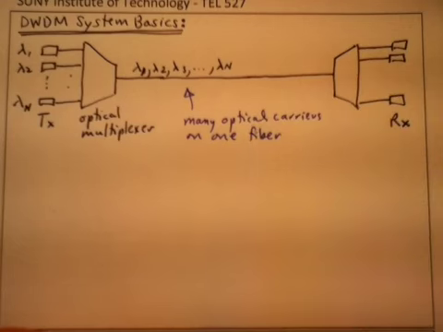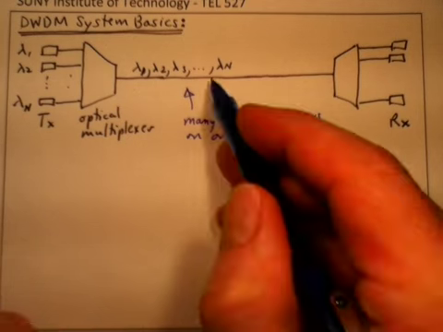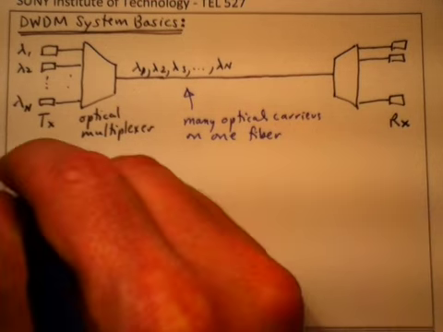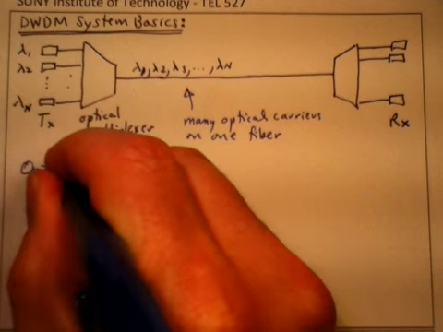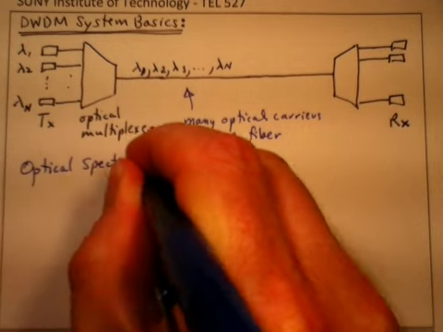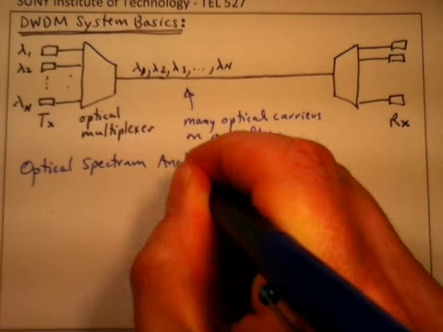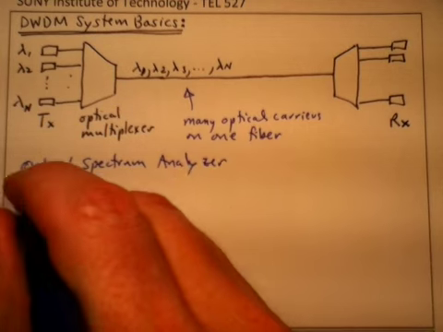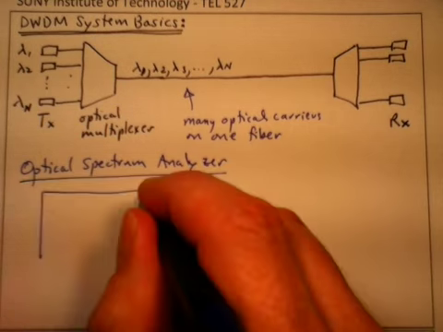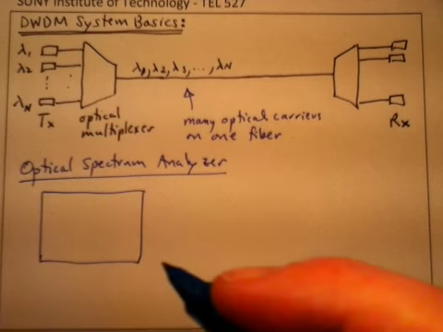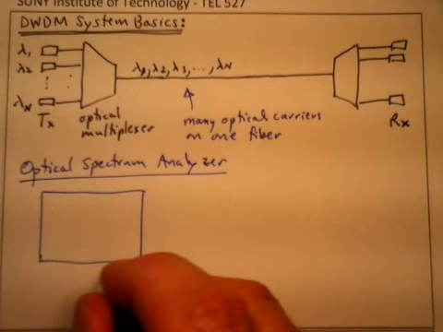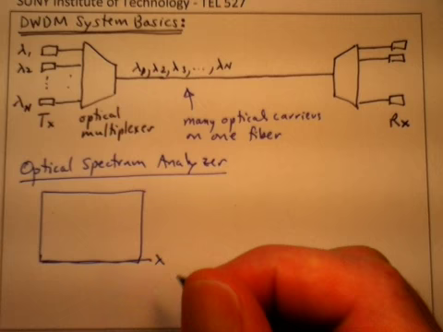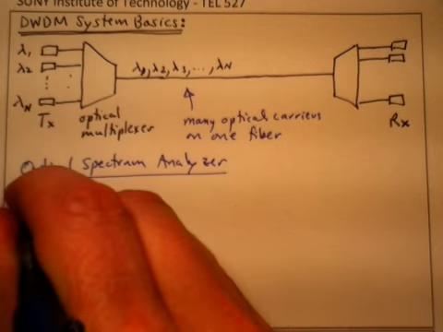Okay, and if, for example, you looked at the signal in this fiber using an optical spectrum analyzer, what you'll see is something like this. What you'll see is a function of, say, wavelength and optical power.